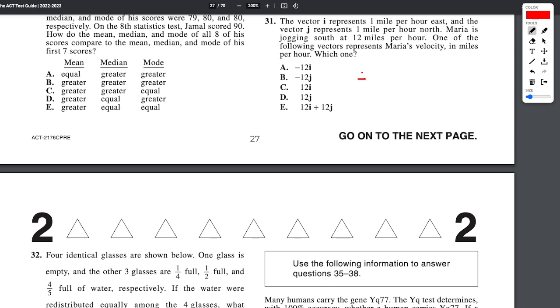East is I, and north is J. She's going down 12. So there's something to do with north-south, right? She's jogging south at 12 miles per hour, so this has to be 12J. But she's going south, so it's negative. B.